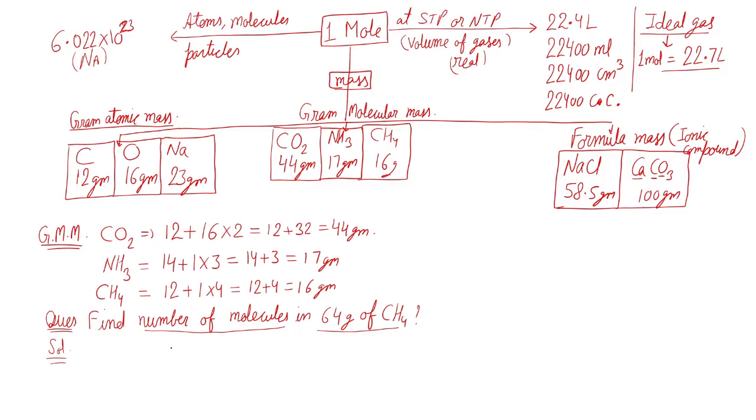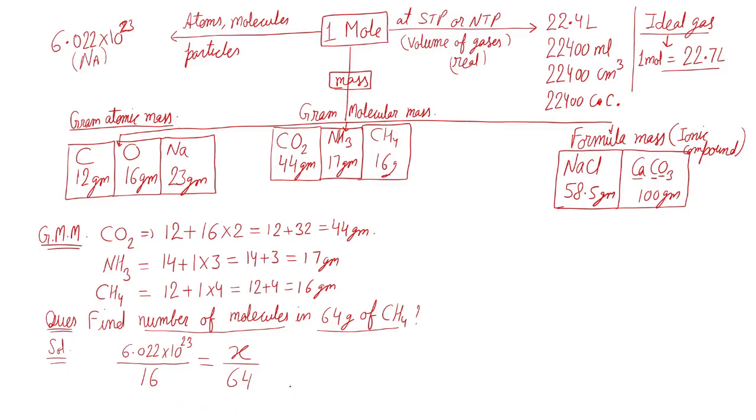We all know the number of molecules and mass of methane in 1 mole. 6.022 into 10 to the power 23 molecules are present in 1 mole of methane, and the mass of 1 mole of methane is 16 gram.